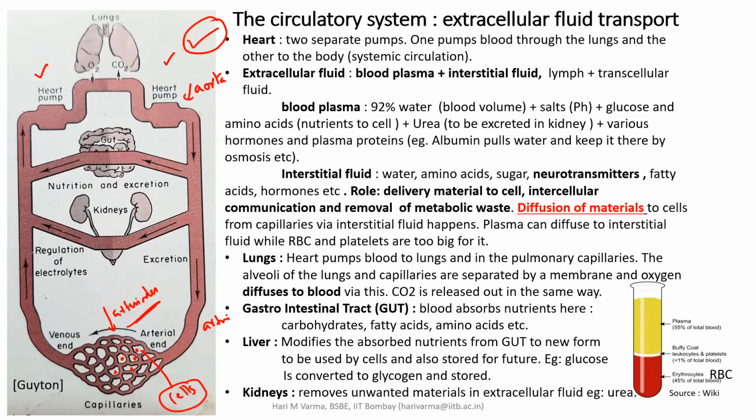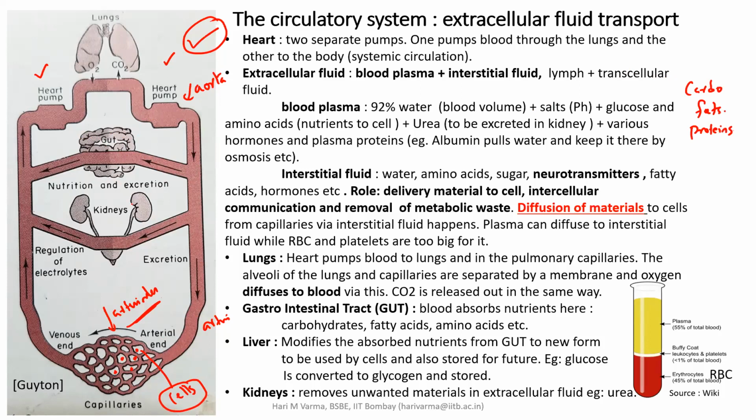And what are the nutrients? Basically, the nutrients are collected from the guts, the gastrointestinal tract. From the food, they take carbohydrates, fat, and proteins, right?